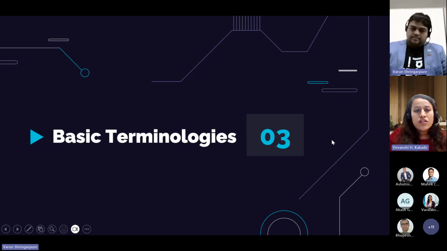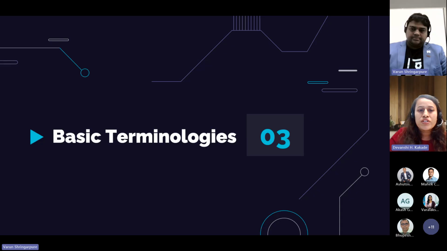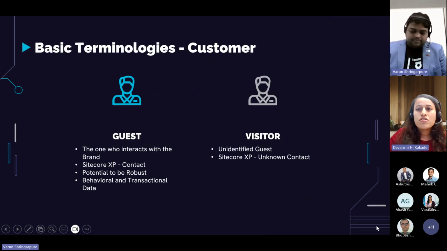Okay, as we understood the diagram of Sitecore CDP, the architecture diagram, the next step is to learn the basic terminology whenever we are working with this Sitecore CDP portal. The commonly used term is the guest. The guest is one who has interacted with your brand.